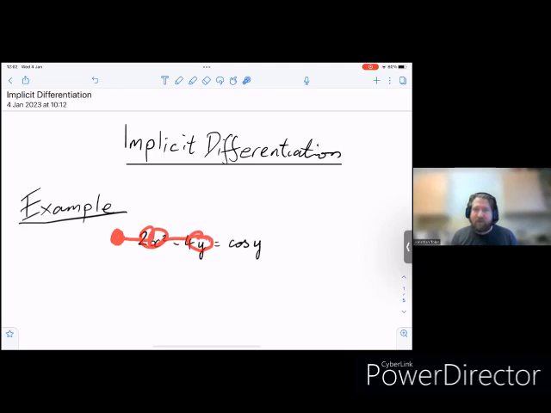So we'll differentiate the 2x squared first, then we'll differentiate the minus 4y, and then we'll differentiate the cos y. Okay, so that's the idea. You just start at the left and move through the whole equation, differentiating as you go. So we are going to differentiate each of these with respect to x.